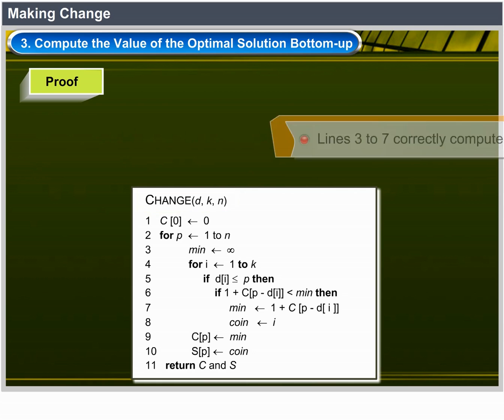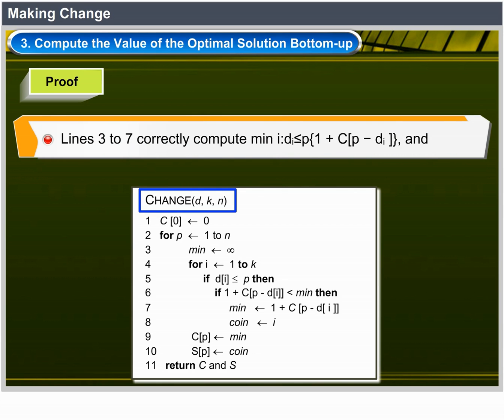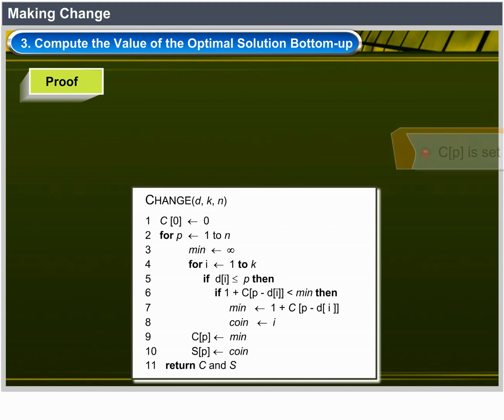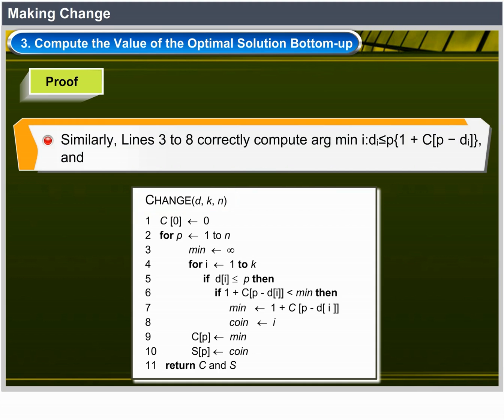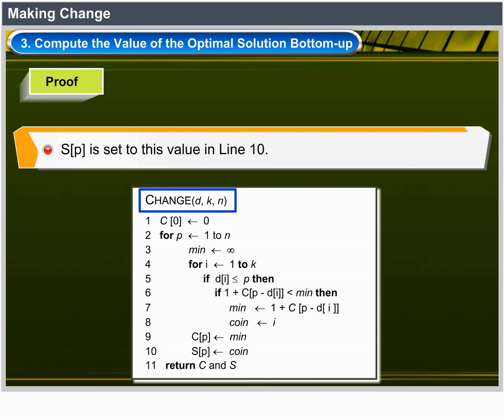Lines 3 to 7 in this procedure correctly compute the min over i with d_i less than or equal to p of 1 plus C of p minus d_i, and C of p is set to this value in line 9. Similarly, lines 3 to 8 correctly compute the argmin over i with d_i less than or equal to p of 1 plus C of p minus d_i, and S of p is set to this value in line 10.